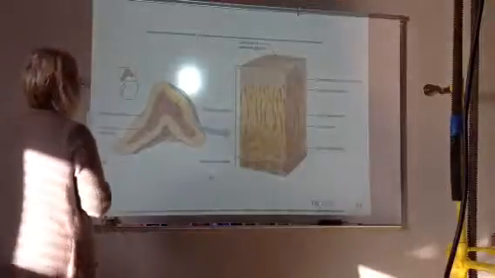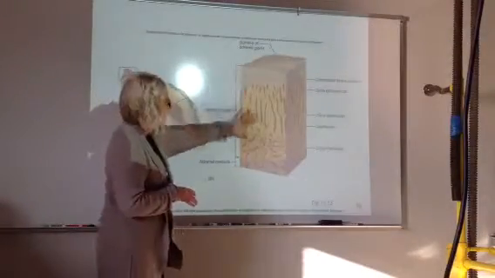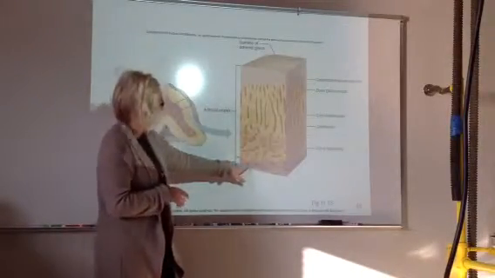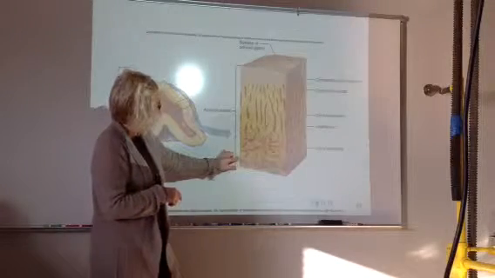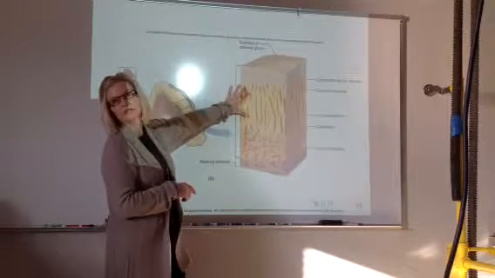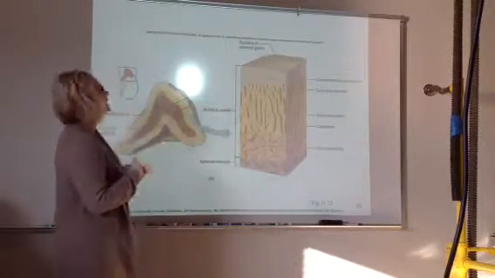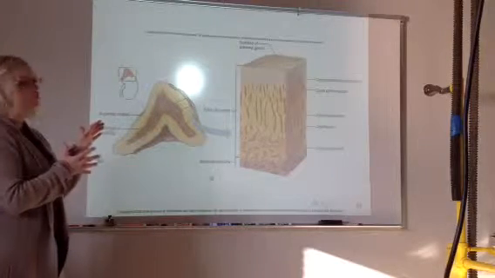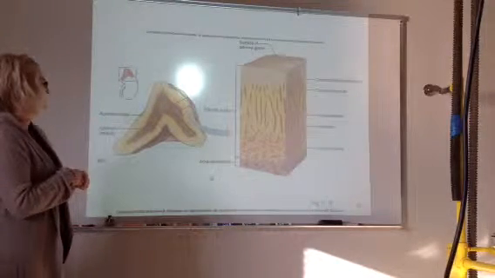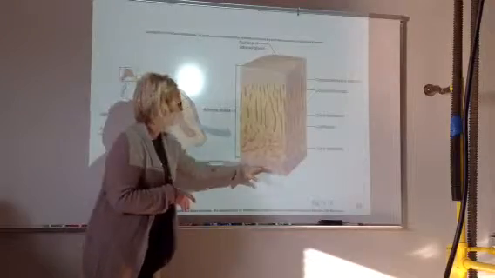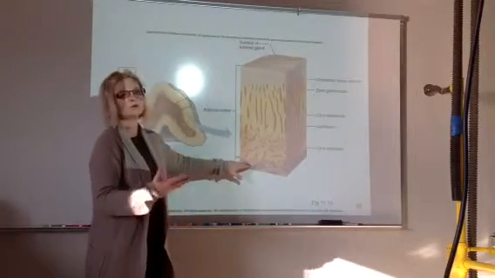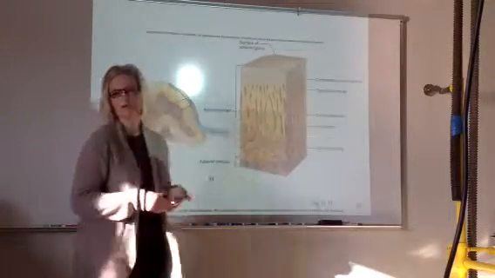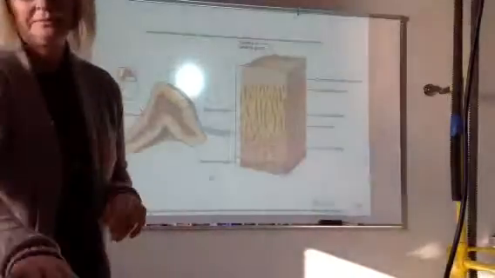So if I look at this diagram, here's the medulla, notice how small that is. Here's the cortex, so the outside cortex is huge compared to the inside part. The medulla is made up more of neurons, and the cortex is made up more of epithelial cells.